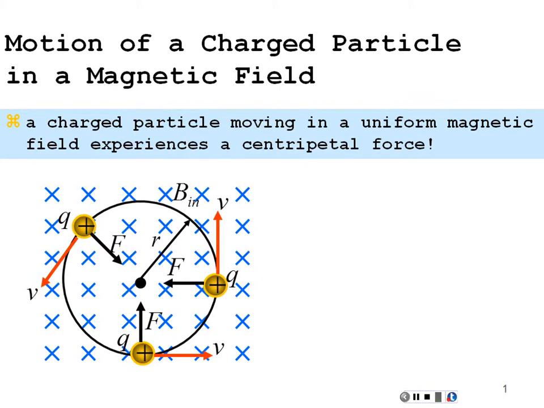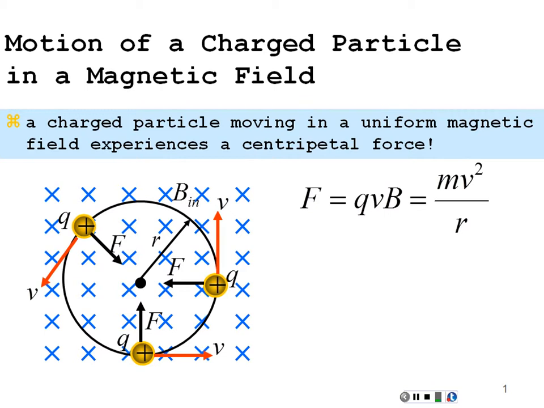So this particle comes in and starts moving around in a circle where the magnetic force acts as the centripetal force for that motion. So we have that qvB is equal to the centripetal force, mass times centripetal acceleration, v squared over r.